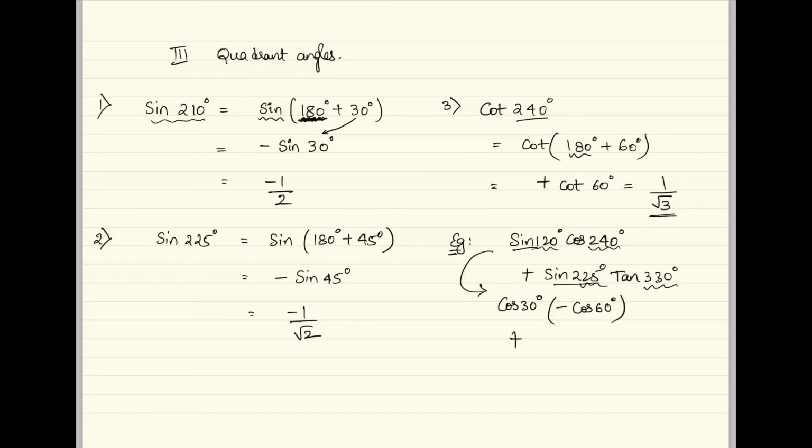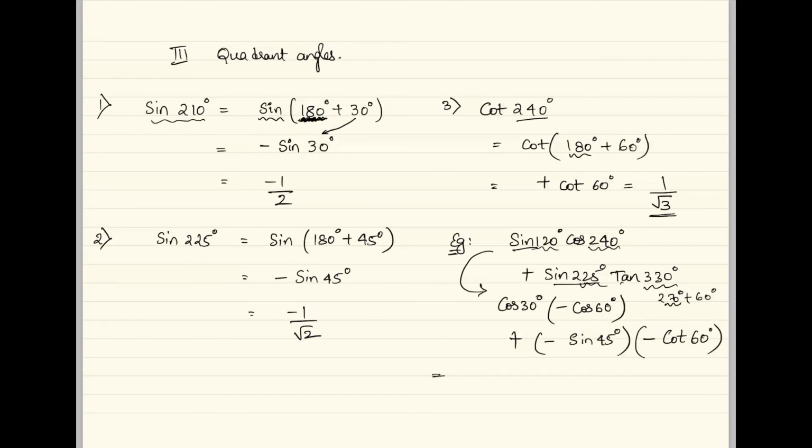Similarly, sine 225 is third quadrant angle, so it will be negative, and it is 180 plus 45. 180 means sine will remain as it is, sine 45, into now tan 330 degree is fourth quadrant angle, so tan will be negative, and 270 plus 60 degree. 270 means tan will change to cot, so you'll get cot 60 degree.